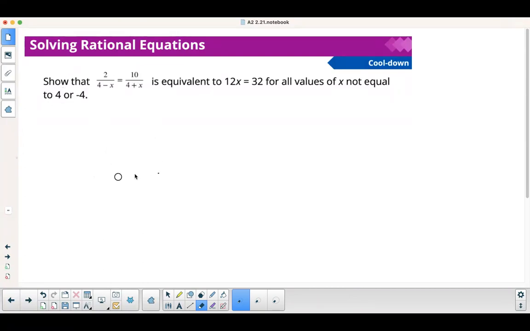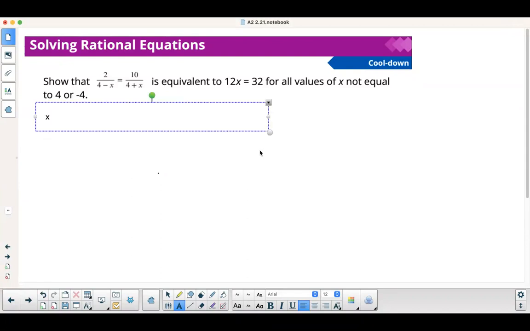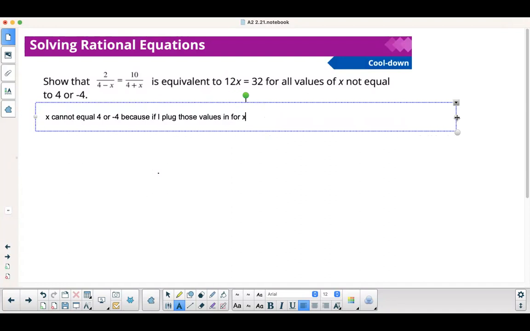So I would maybe write something here, along the lines of x cannot equal 4 or negative 4 because if I plug those values in for x, I get division by 0, which is undefined.